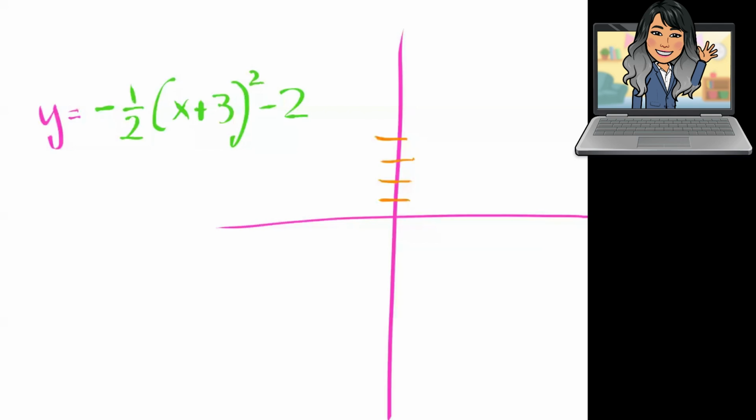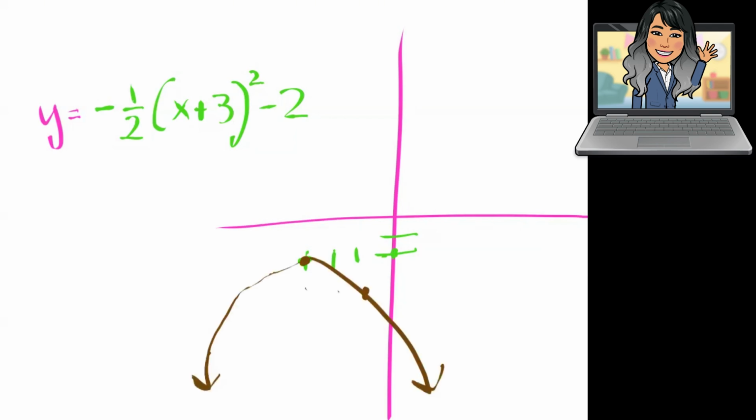And then you go to the left 3, and then do you do the slope after? Yeah. So you go down 2, and then left 3. Yeah, 1, 2, 3. Good. And then you can do the slope. So down 1 and then to the right 2. Yeah, it's going to look like that.